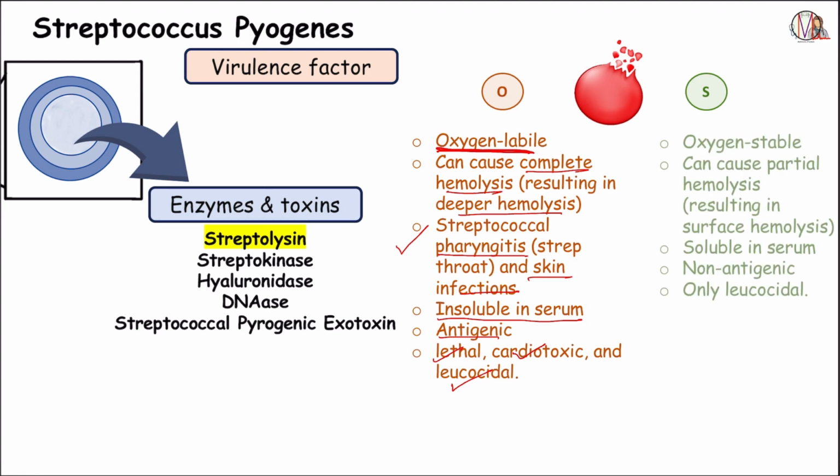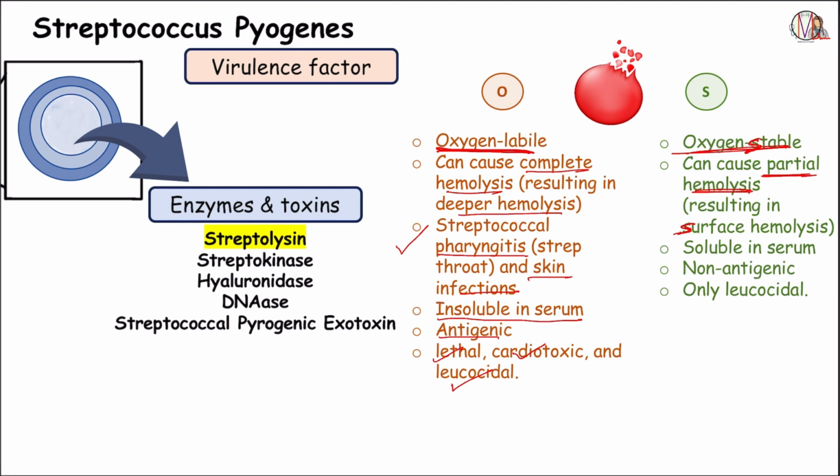Whereas streptolysin S is oxygen stable and is active even in the presence of oxygen. It is responsible for the partial hemolysis of red blood cells, resulting in surface hemolysis, and contributes to the characteristic beta hemolytic appearance of Streptococcus pyogenes on blood agar plates.